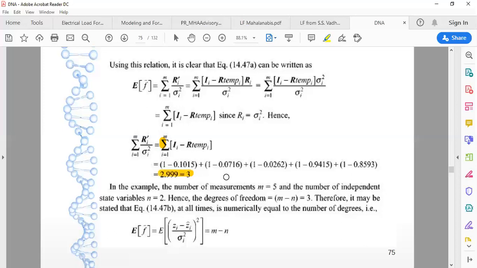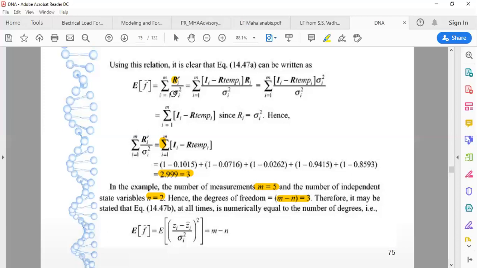It means that if we have M measurement variables and 2 state variables, then the degree of freedom will be equal to 2. So the ratio of Ri dash divided by sigma i square should be equal to the degree of freedom. What is Ri dash? Once again, it is the covariance matrix. What is sigma i square?